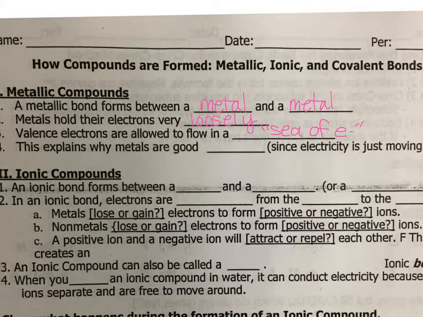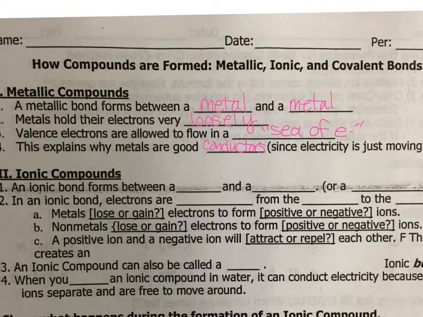Also, as we add layers, you have your shielding effect, so we're increasing the distance between the nucleus and those electrons, so they're held very loosely. That's why metals have this whole sea of electrons. The sea of electrons is the explanation for why metals are good conductors. Good.